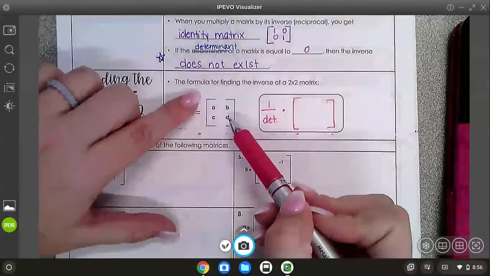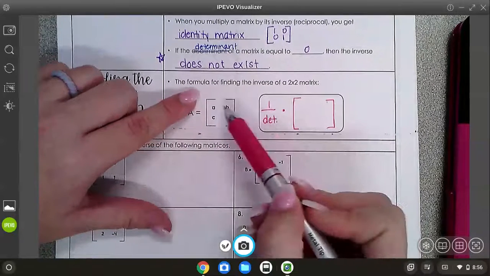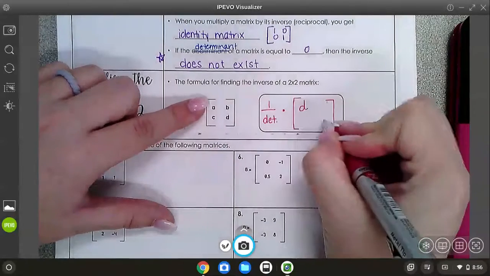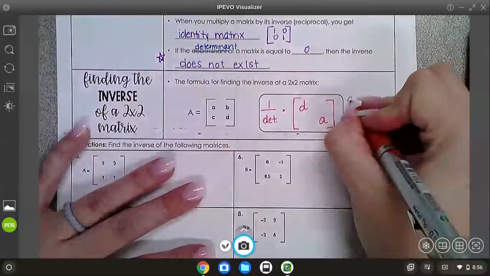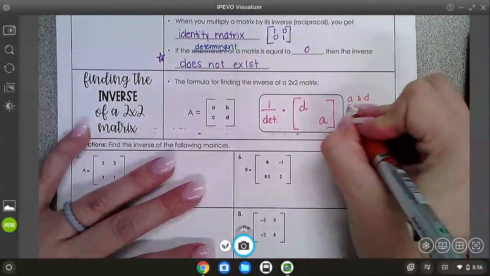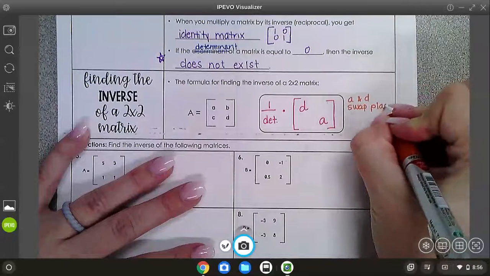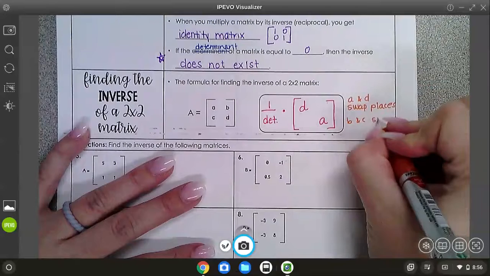Now, in our original matrix, we have to move some things around and change some things. So A and D swap places. B and C switch signs.